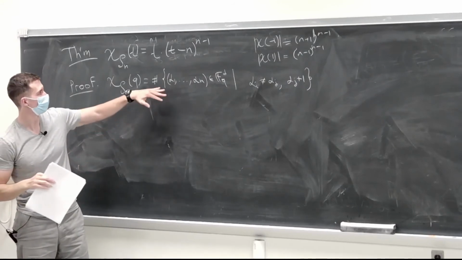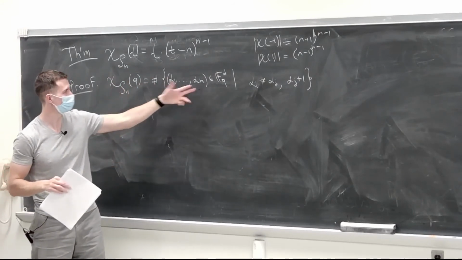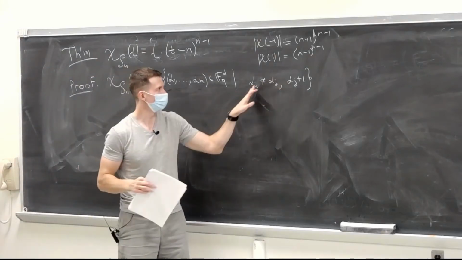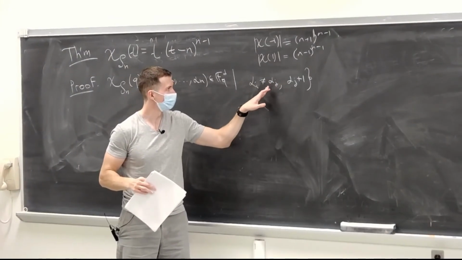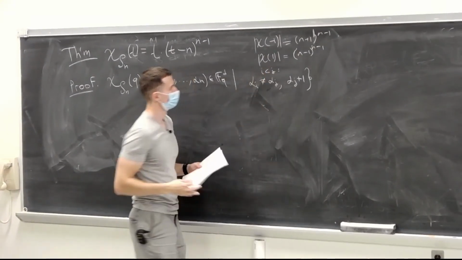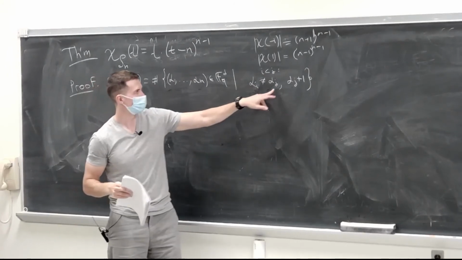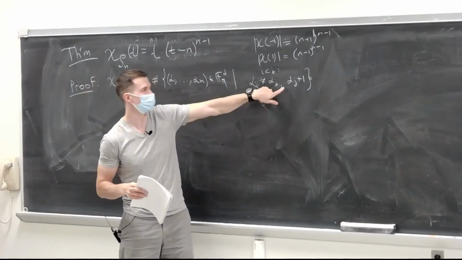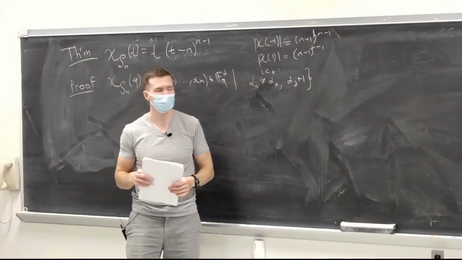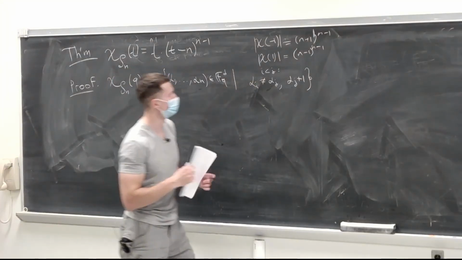I'm trying to count the number of colorings, let's say. I have q colors, but my conditions on colors are that for i less than j, if vertex i is less than vertex j, then the colors have to satisfy a more general condition here.